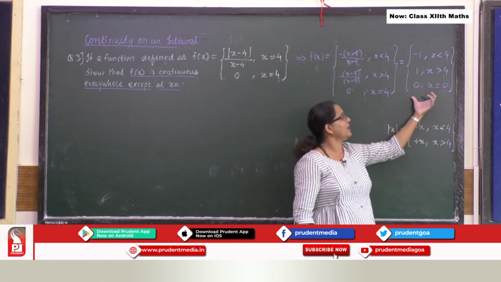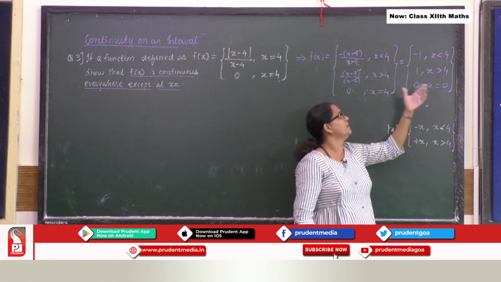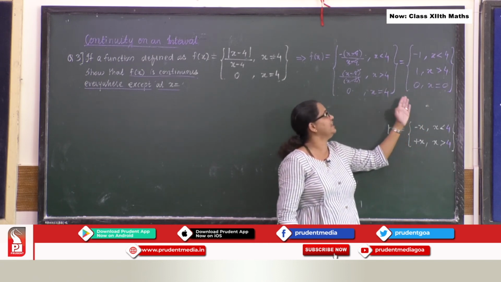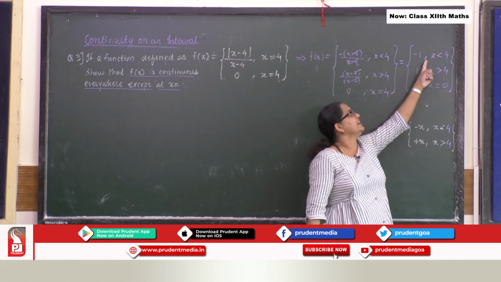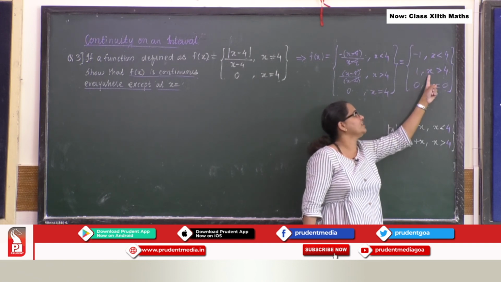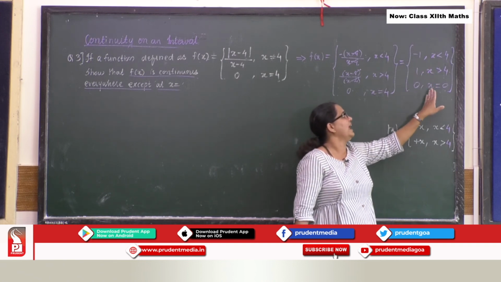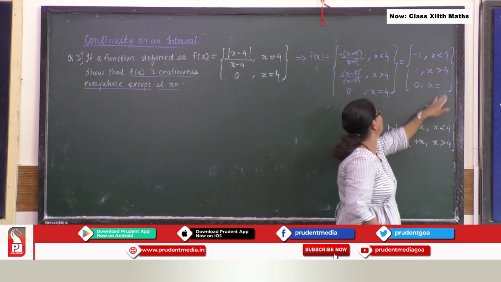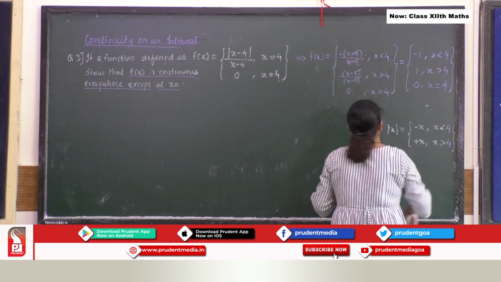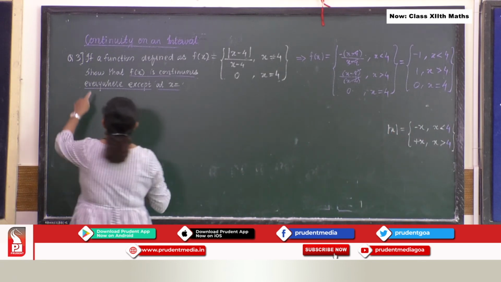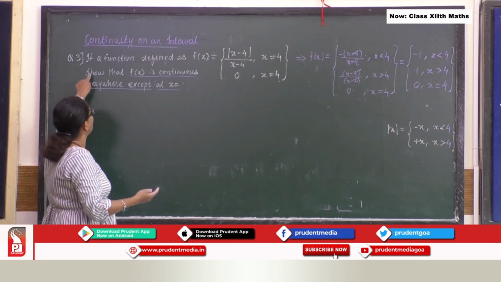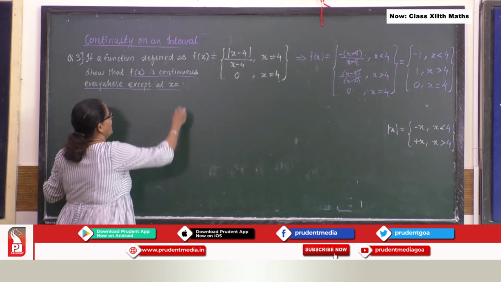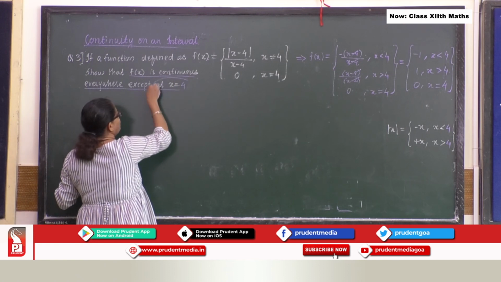So when you look at this simplified form, you don't have to do anything. With observation only, you can make out your left hand limit is not equal to your right hand limit, and it is also not equal to f of 4. Okay, so we are asked to show that the function is continuous everywhere except x equal to 4.